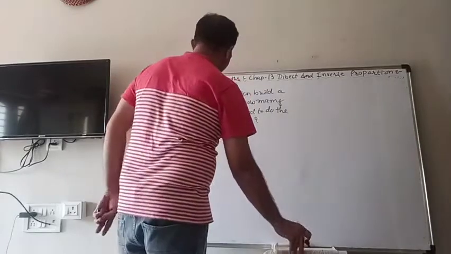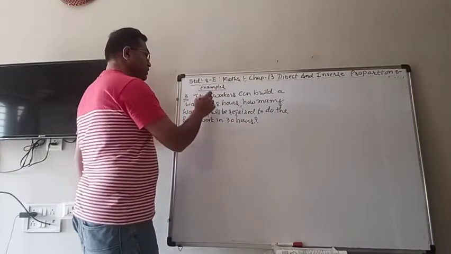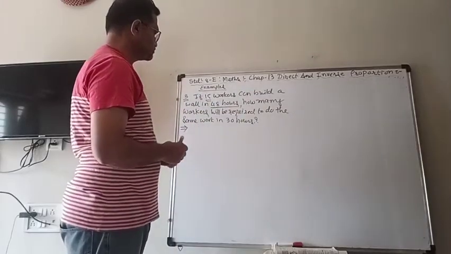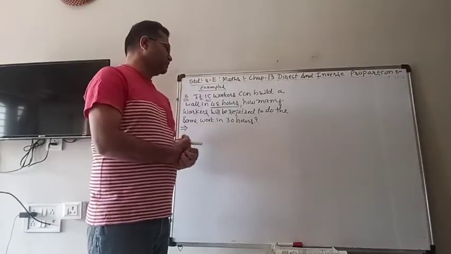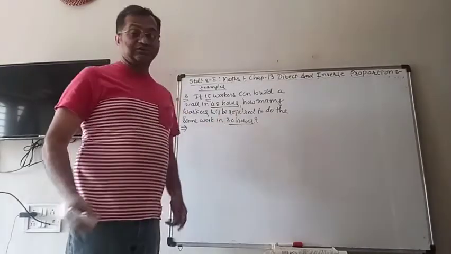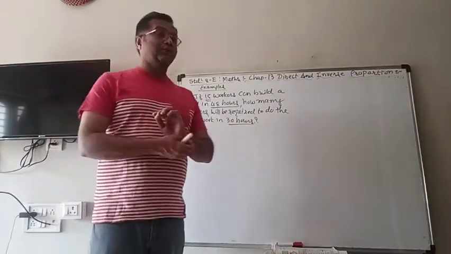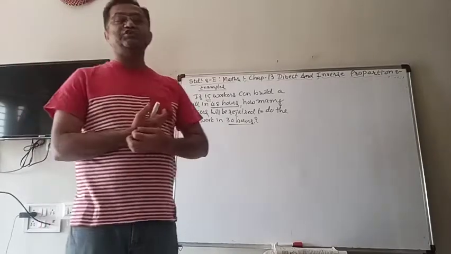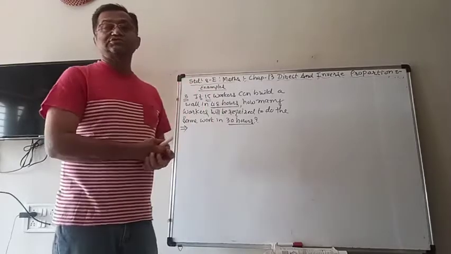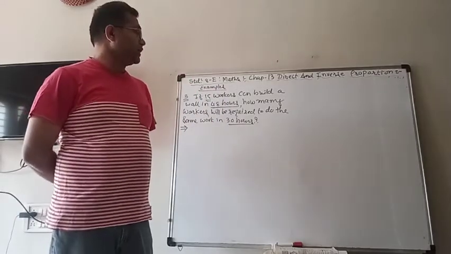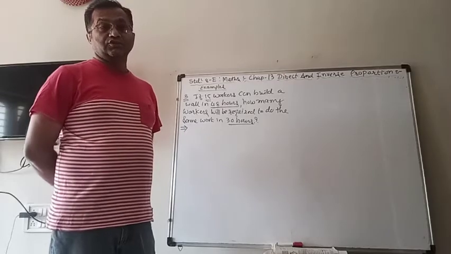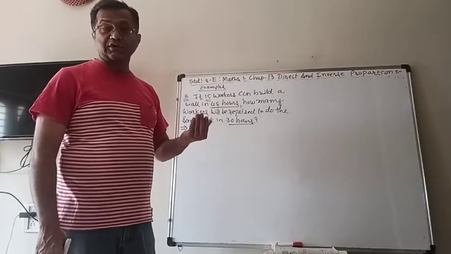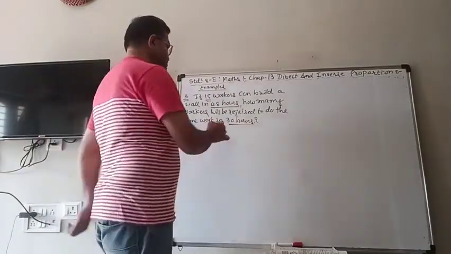So given that if there are 15 workers, they will take 48 hours. So now if you want to finish the work earlier, means in 30 hours, then how many workers will be needed? So here you can see that if you want to finish the work earlier, you are supposed to have more workers. So number of hours decreasing, then you have to increase the number of workers. So here also it will be the inverse proportion.